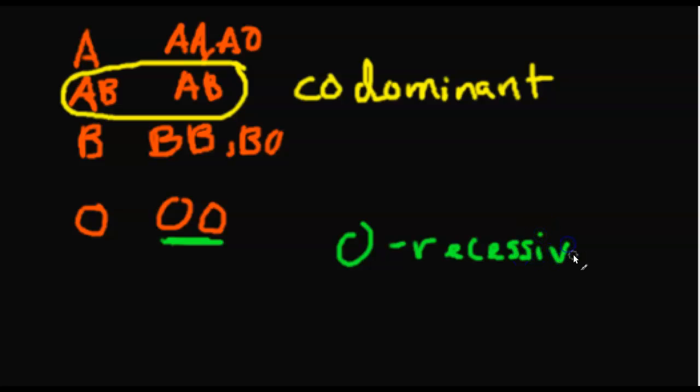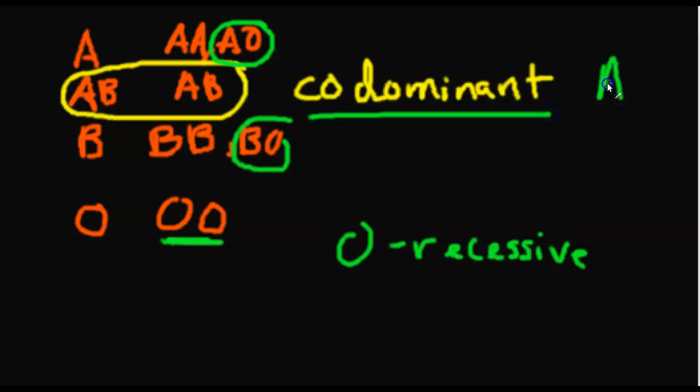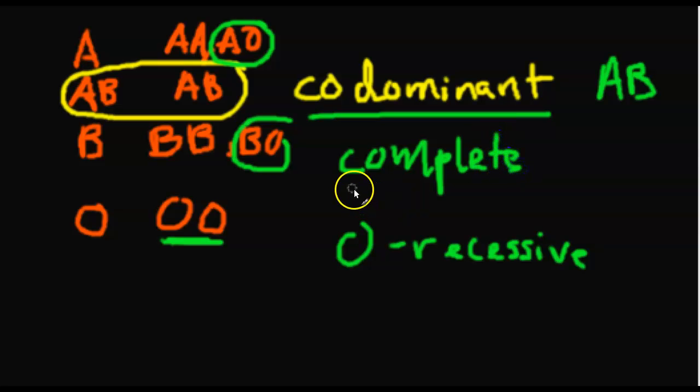So when we have AO or BO, the A and the B are completely dominant over the O. So blood type shows codominance with the A and B, and it shows complete dominance, the more Mendelian type, with O being recessive.